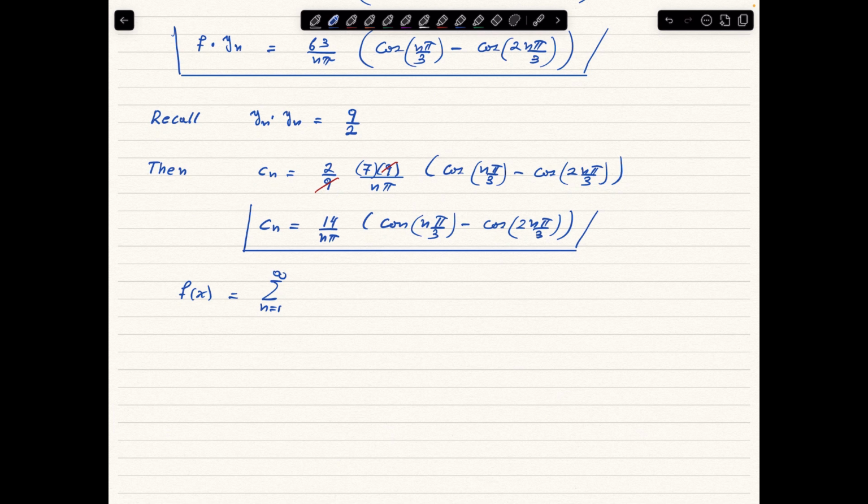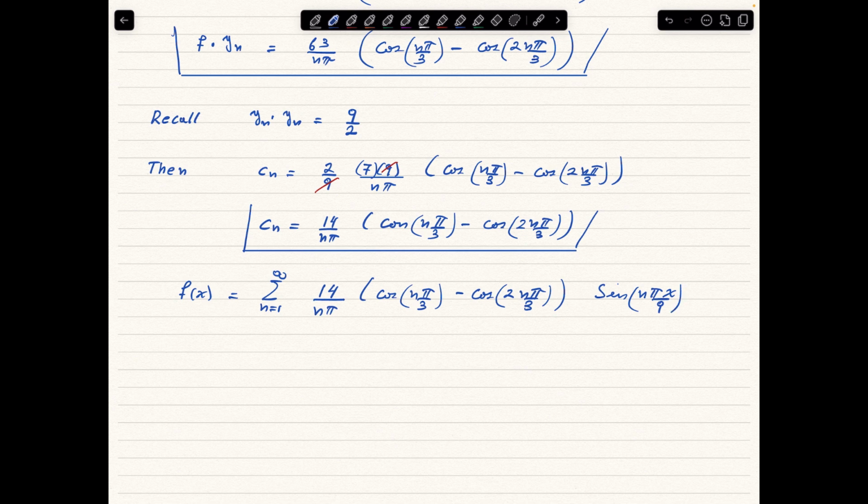This is how we label our eigenfunctions. We have here 14 over n pi, the cosine of n pi over 3 minus the cosine of twice n pi over 3, and all that is multiplied by a sine of n pi x over 9.